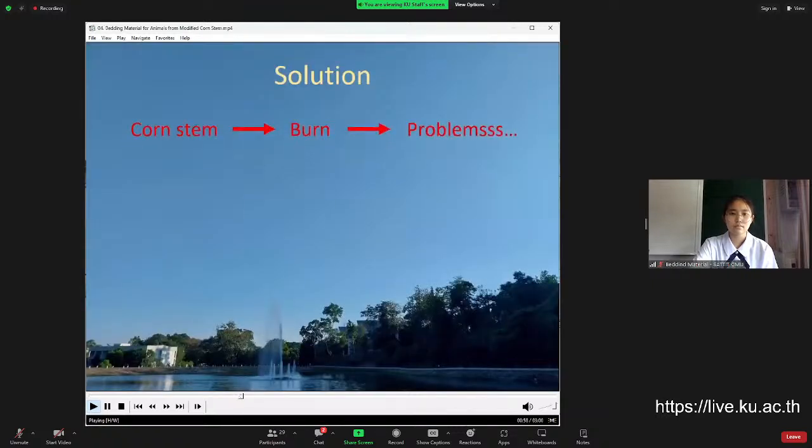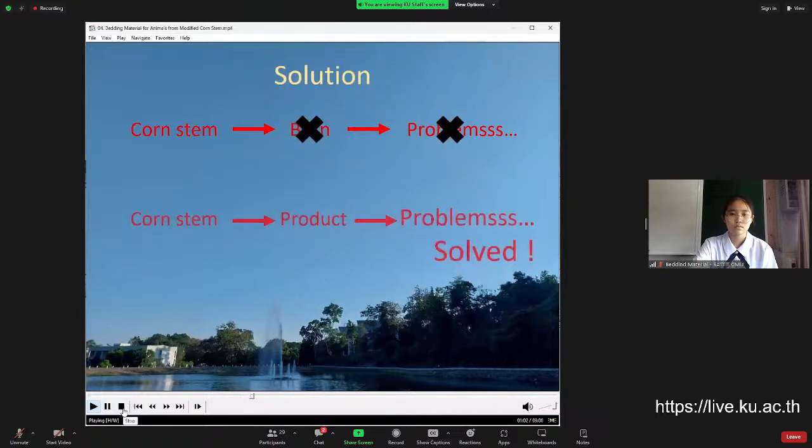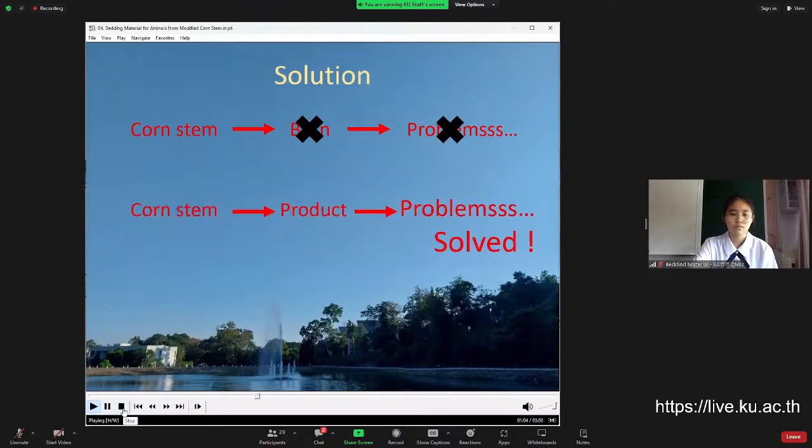If farmers burn corn stems, it causes problems. If they can get money out of it, problems will be solved.